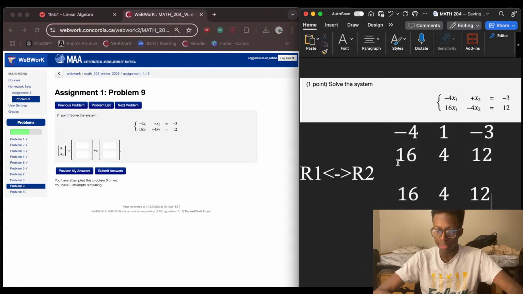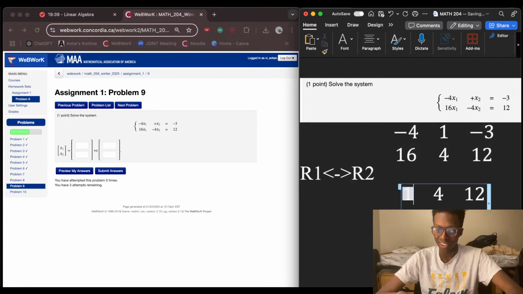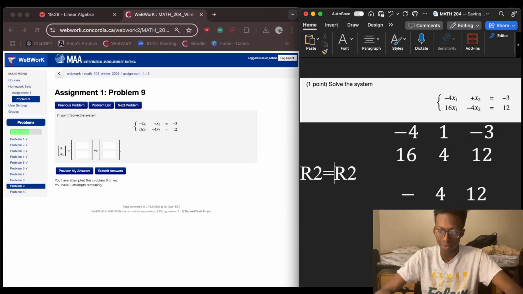So what I do is I'll multiply this by negative 4, and then, let's do it the other way actually. So what we'll do is row 2 equals row 2 minus 4 row 1, no, plus 4 row 1 equals row 2.